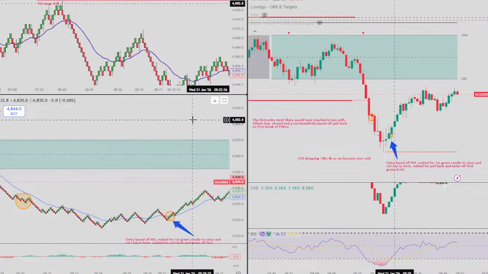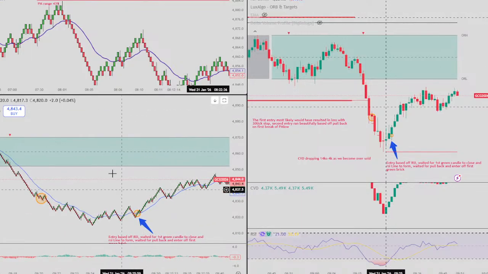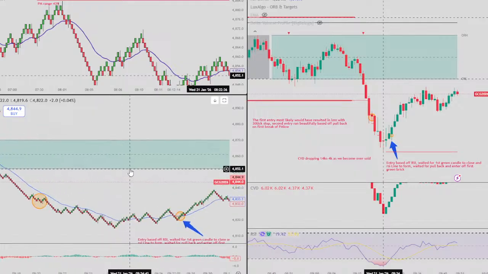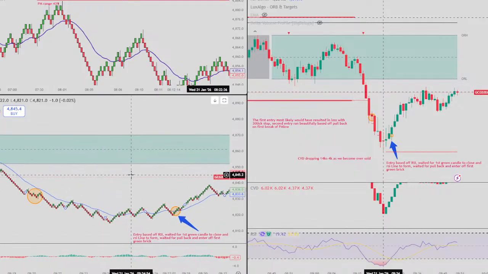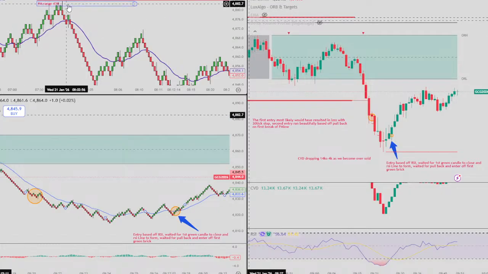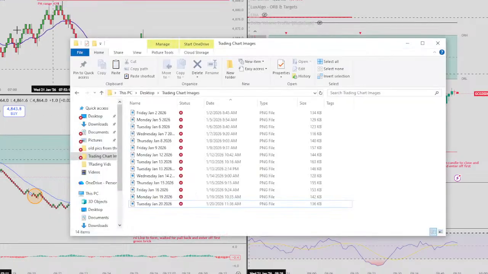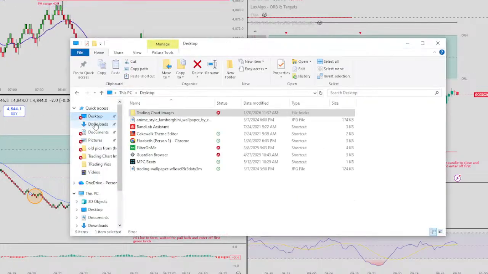Okay. Anyways, I just need this. I don't need all of that. Okay, so then we have that. We have our pre-market range in here. We have our notes. Okay, so let's screenshot, download. Okay, there we go. Now let's just move this over here. Oops.